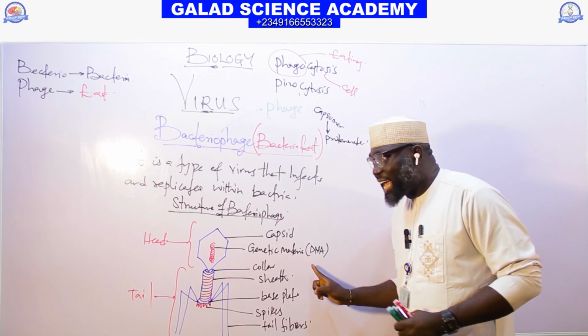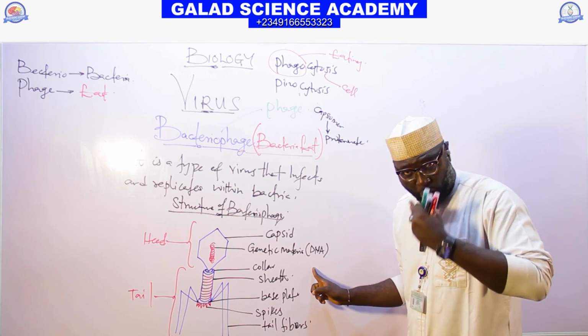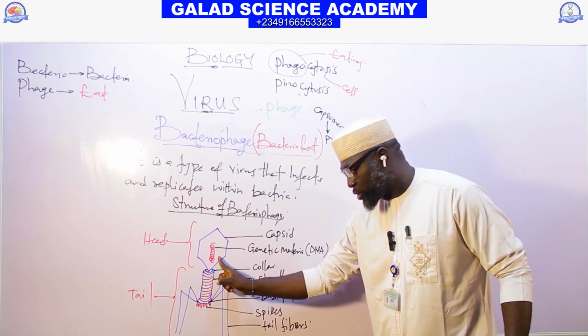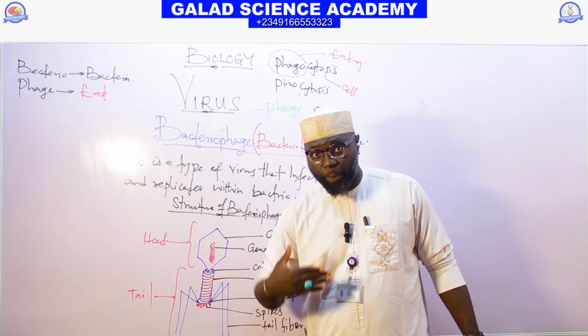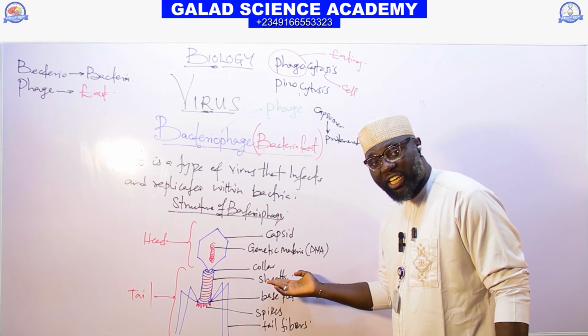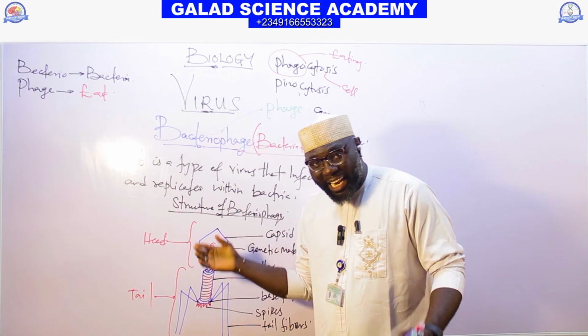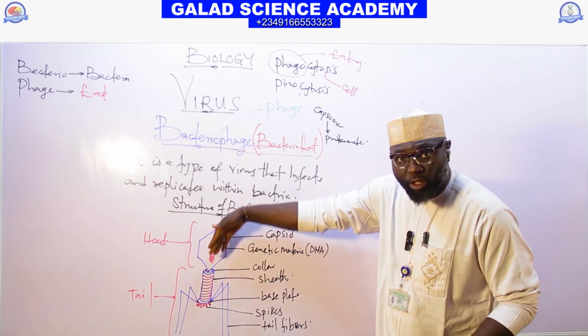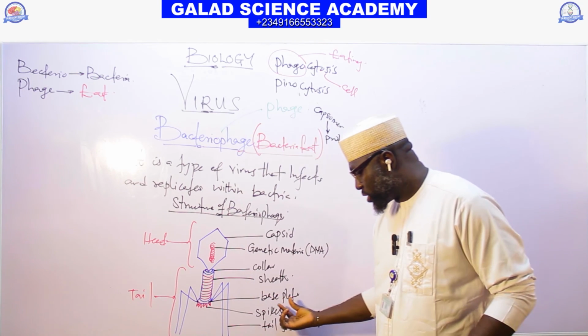The genetic material is the one that is responsible for the replication or reproduction in the virus. The collar is the joint that links the head part of the virus to the tail region of the virus.